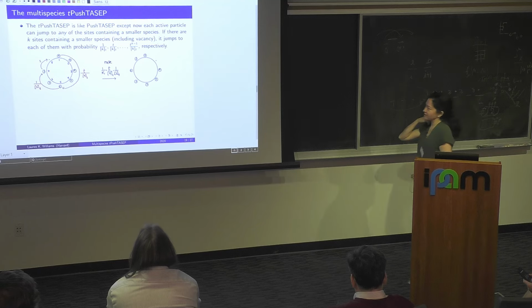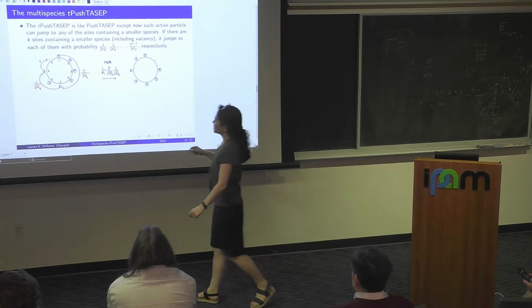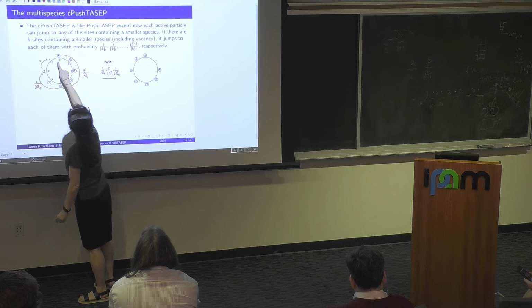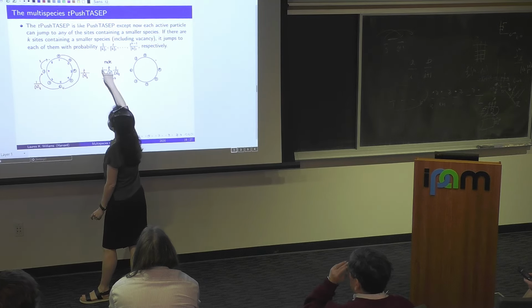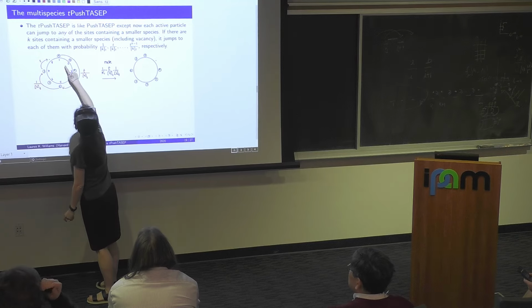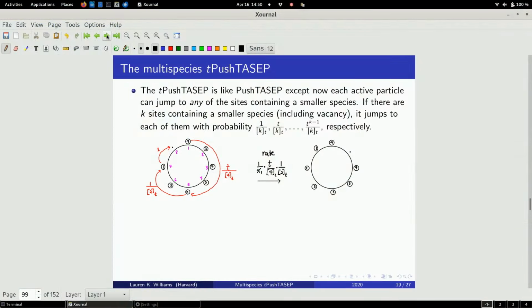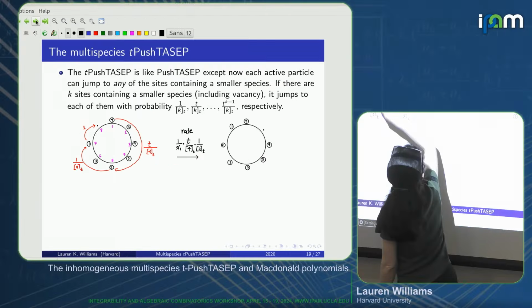Now in my example, our bell rang at site 1, so I've got a 1 over x1 in the rate. And now this particle 4, when it looked to find a place to jump, there's a 3 here, and there's a 2 here. Sorry, the numbers are a little small, I realize. There's a 3 here, and there's a 1, and there's a vacancy.